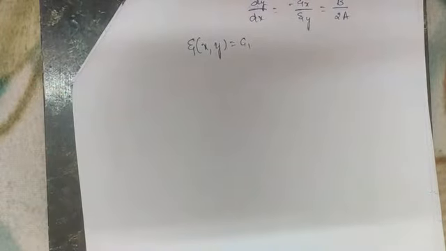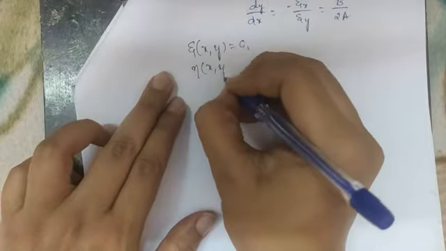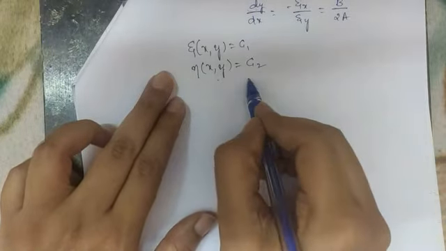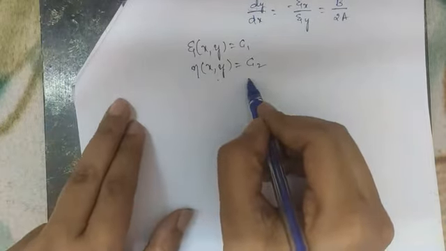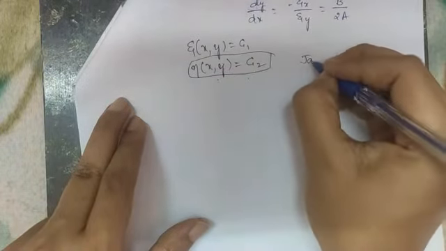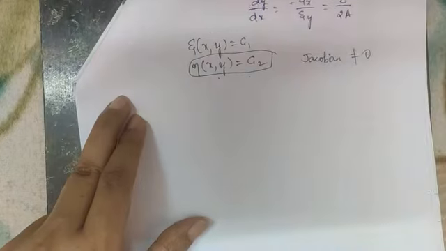Similarly, if I choose c bar is equal to 0, then from that I will get a family of equations, that is eta of x comma y is equal to c2. For this, the Jacobian is not equal to 0, right?